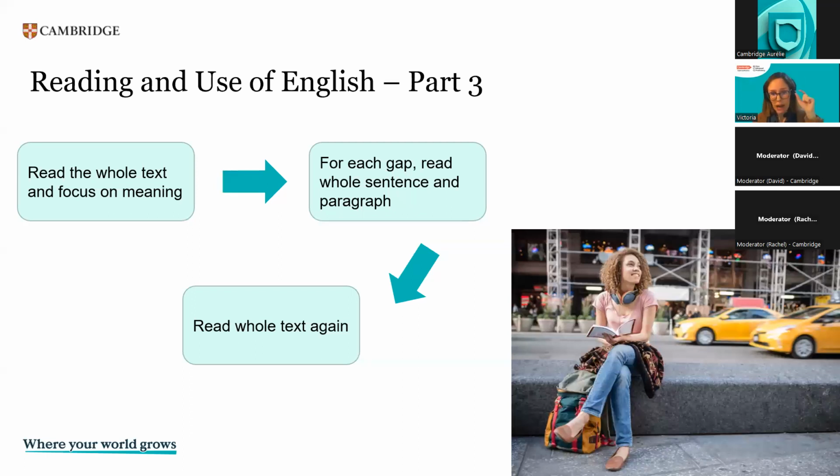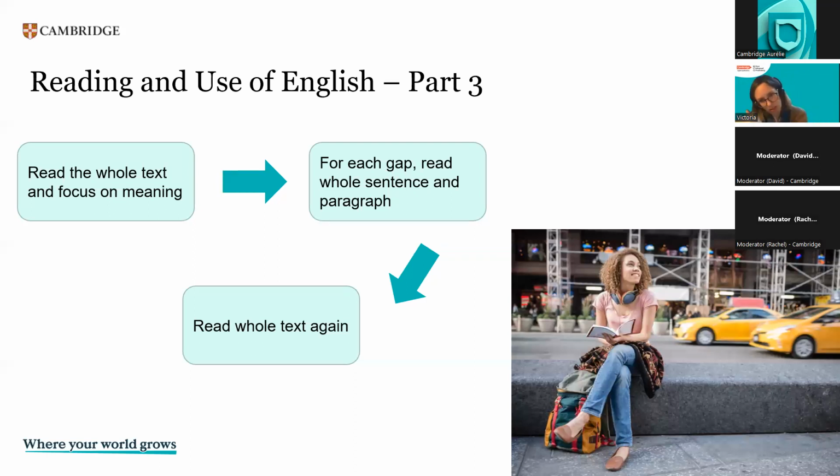Then, when we have read the text and we have an idea of what it is about, we can focus on each of the gaps. And for that, we will need to read the whole sentence and maybe the paragraph, so we will need to look at what comes before and after the gap.